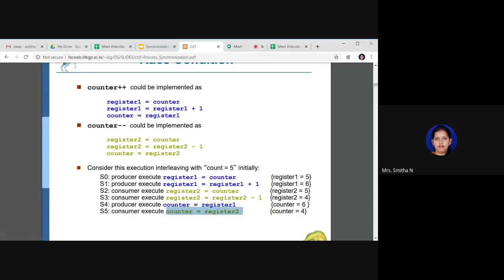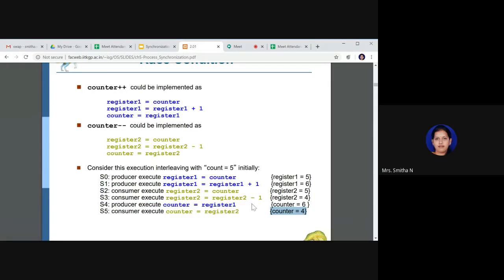I told you in the beginning, counter is a variable which is shared between consumer and producer. It's a single variable shared among producer and consumer. Then when you have a counter variable which is shared, at the fourth step, that is actually the fifth step, you are putting 6 into counter, and again when the consumer process executes, counter is overwritten to 4.